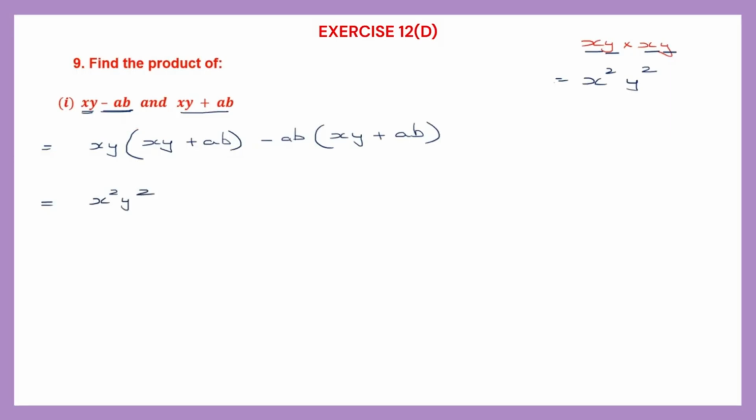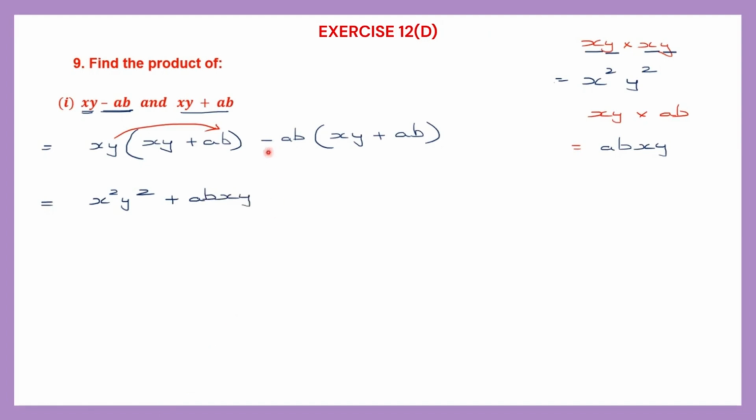Now let's multiply xy into plus ab. So here we have one letter of each: one x, one y, one a and one b. So let's start in alphabetical order a, b, x, y and the sign is plus. So this will be abxy.